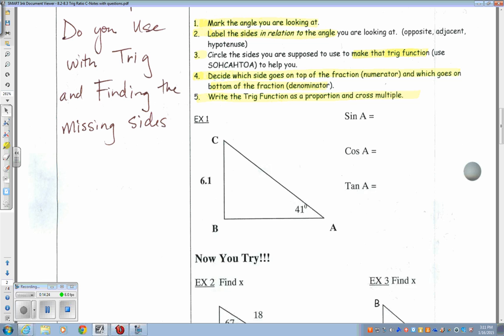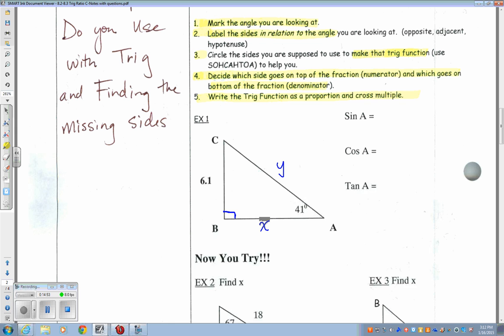Now, for this first example, the right angle is going to be at B. The hypotenuse, we're just going to label that as Y. And BA is going to be X. All right, so to find a missing side, everything that we do with trig is in relationship to the angle.